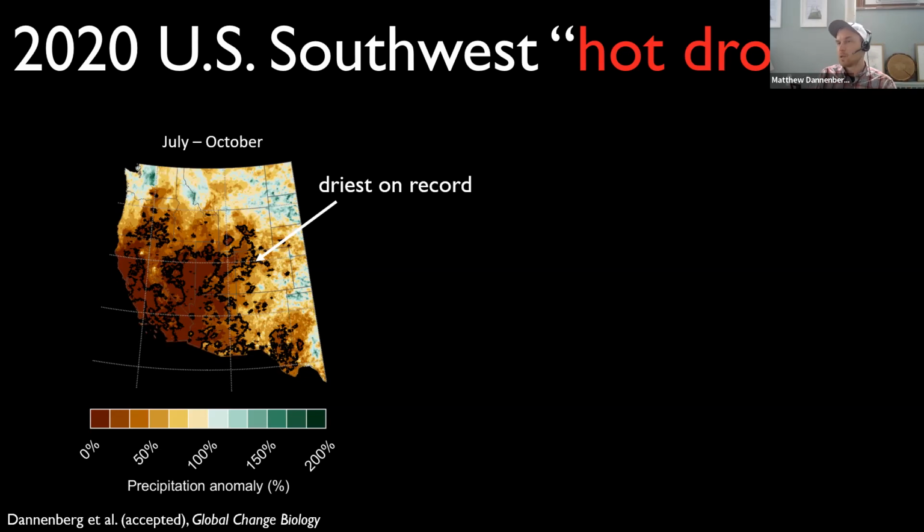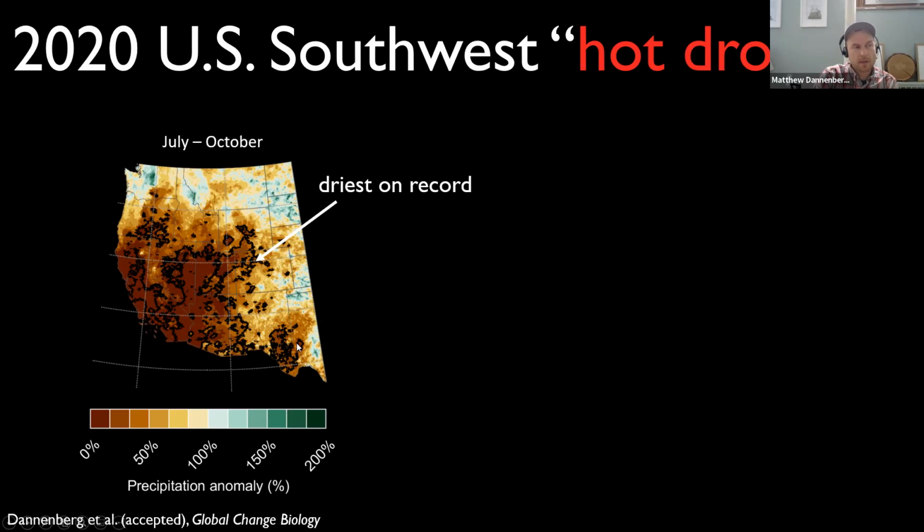precipitation was exceptionally low compared to historic norms. So this map is showing precipitation anomalies as a percent of the normal precipitation for that time of year from the PRISM climate data record back to 1895. The baseline period for the anomalies is 1981 to 2010.